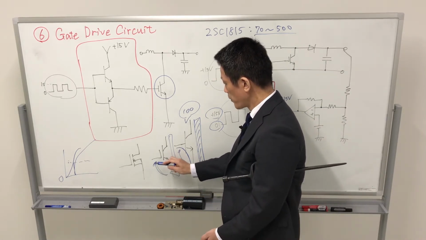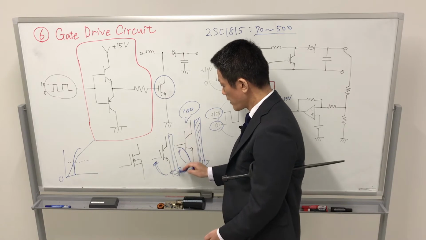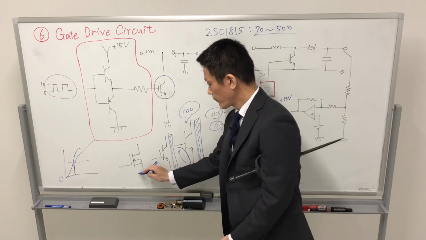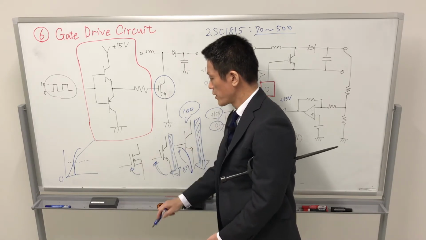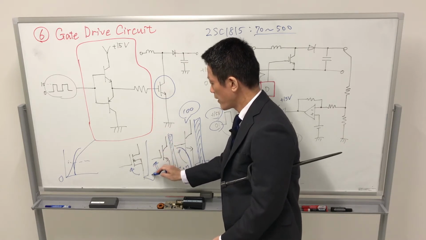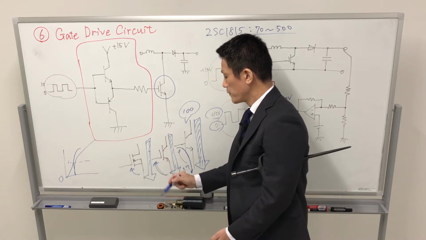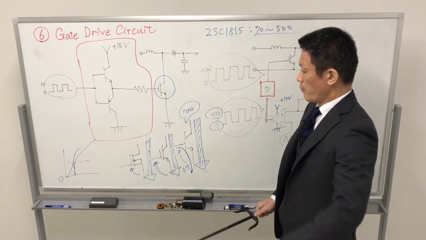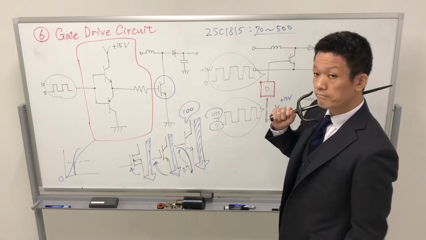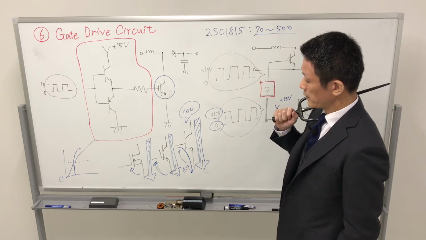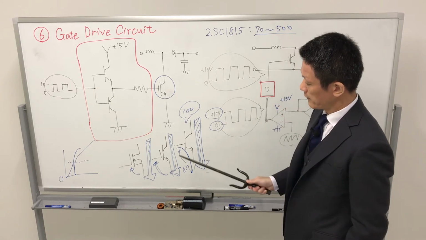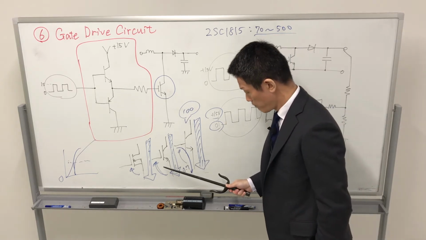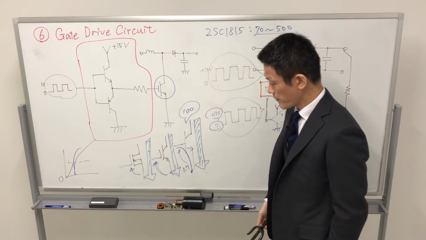Over the threshold voltage of the gate drive circuit, the switch turns on at this timing. Over the threshold voltage, current turns on. This voltage, gate based power semiconductors, operate by the gate voltage.